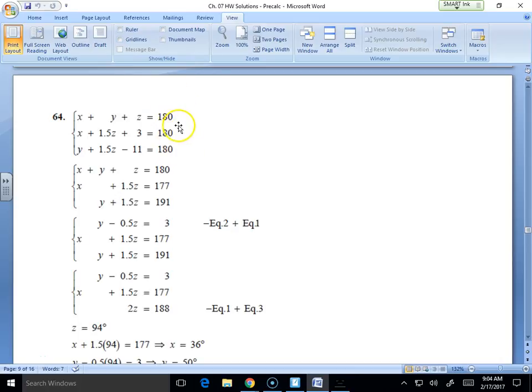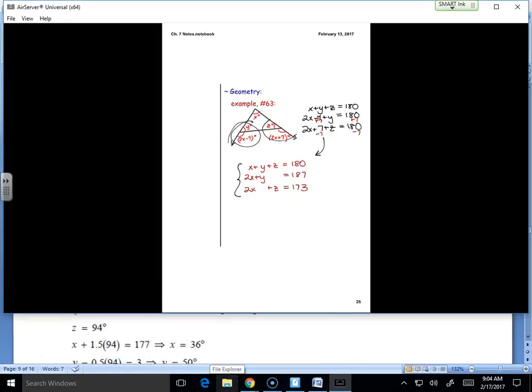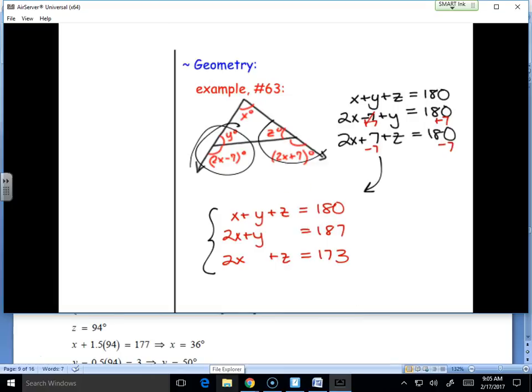Oh, this is 180s. Hey, that was your geometry one, right? Like yesterday? Where did those equations come from? Something like this. Equals 180, equals 180, equals 180, right? It came from something like this.